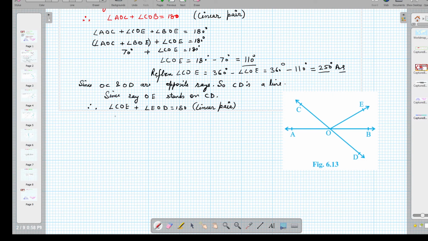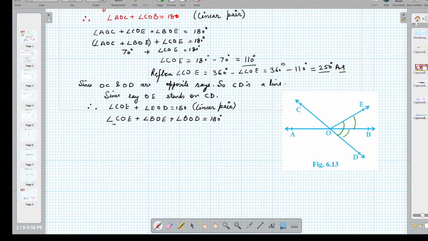Now we can divide this angle into two portions. One is BOD and another is EOB. Now we can write angle COE plus this EOD can be divided into two portions, angle BOE plus angle BOD, that is equal to 180 degrees.